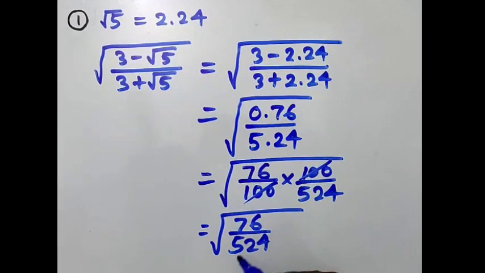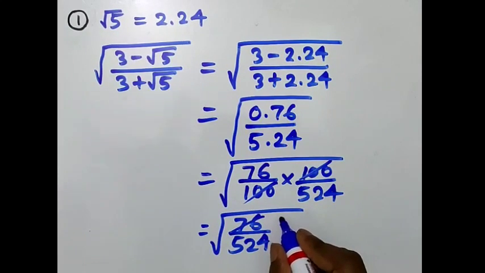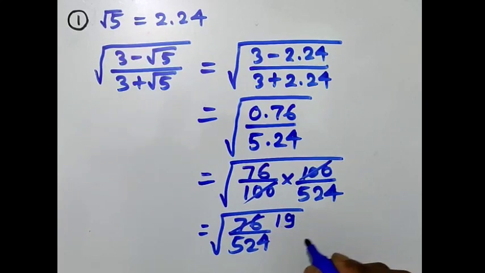Now let's reduce it further. 4 19s are 76, and 4 131s are 524.